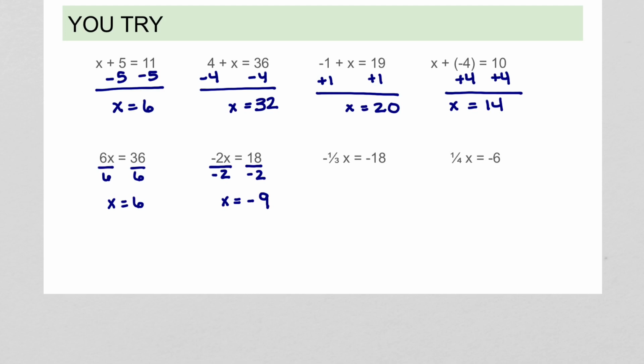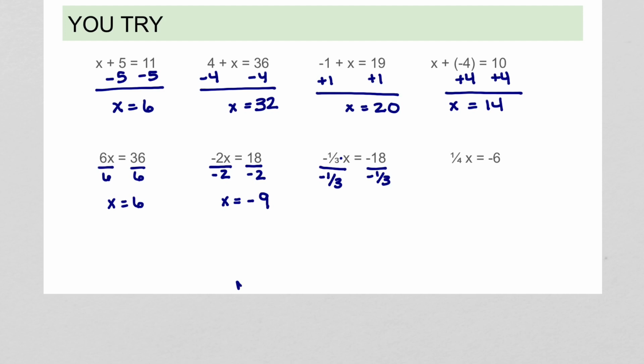Okay, now I want to take a second to look through this next one. This next one says negative 1/3 times x. So what I could do is the opposite of times, and divide by negative 1/3, right? But I want you to remember, when we divide by a fraction, what are we really doing?